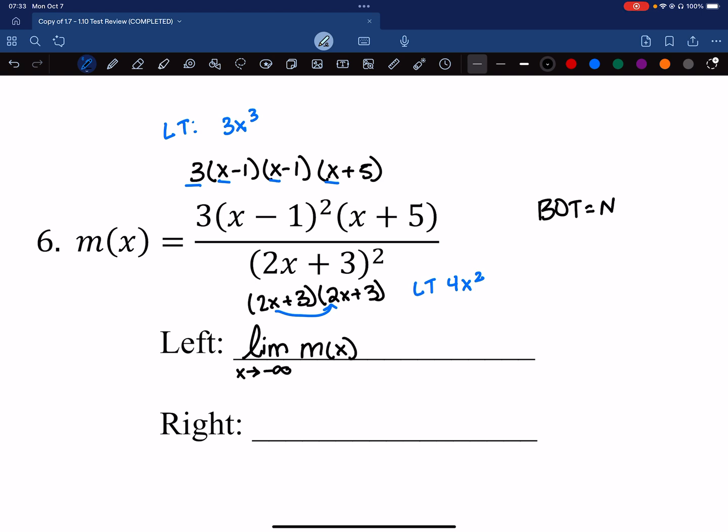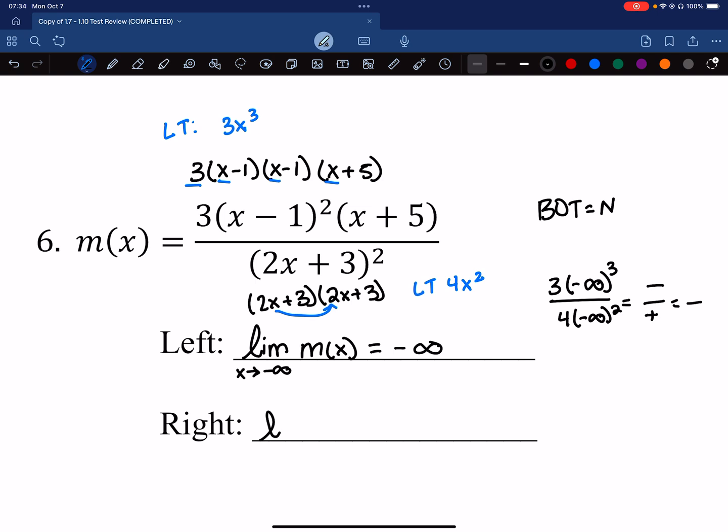We take the leading term on top and the leading term on bottom, and essentially think about plugging in negative infinity. If I have 3 times negative infinity to the third and 4 times negative infinity to the second, that gives a negative on top and a positive on bottom, which overall equals a negative. So this is going towards negative infinity.